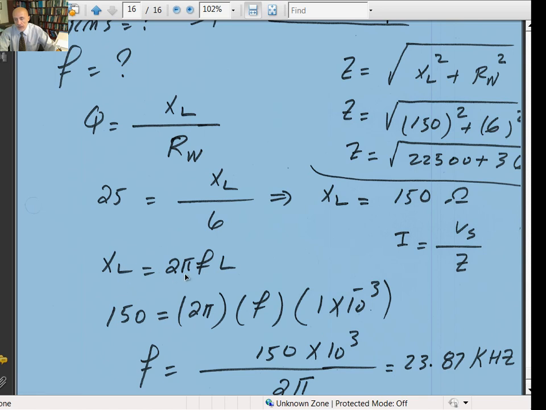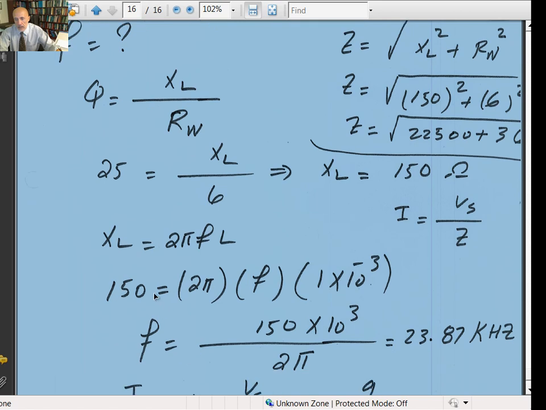And also the frequency. Once we have X of L, which equals 2 pi f times L, L is given and X of L we calculated, so you can calculate the frequency. Plug that in: frequency is equal to 150 divided by 2 pi times 10 to the minus 3, so it goes up and becomes 10 to the plus 3. If you calculate it, it gives you 23.87 kilohertz.